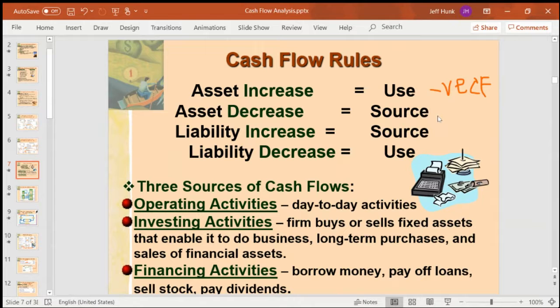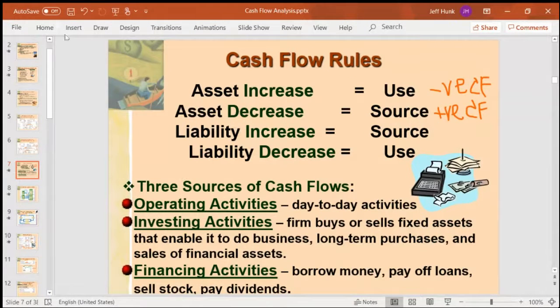And if assets decrease, that means you're selling assets, right? If you sell assets, there's proceeds from the sale of that asset. So that's a cash inflow, right? Positive cash flow. And if the liabilities increase, that means you borrowed money, right?